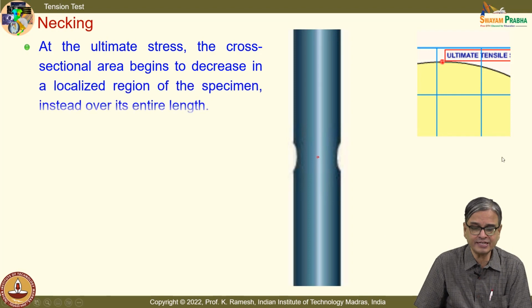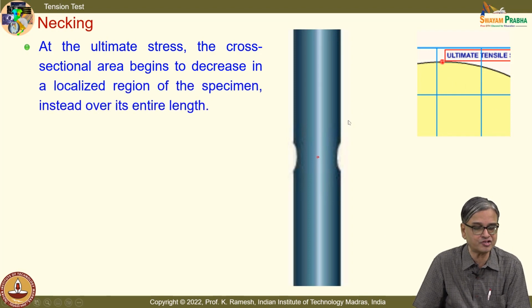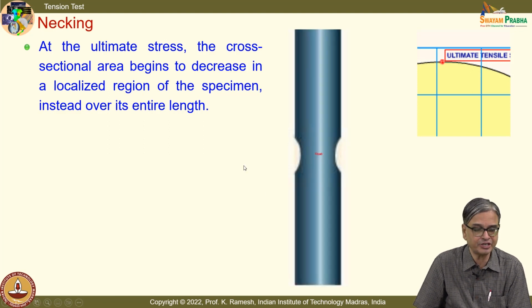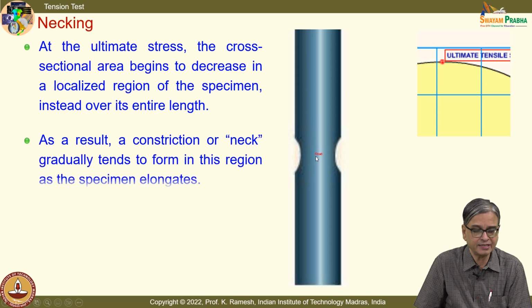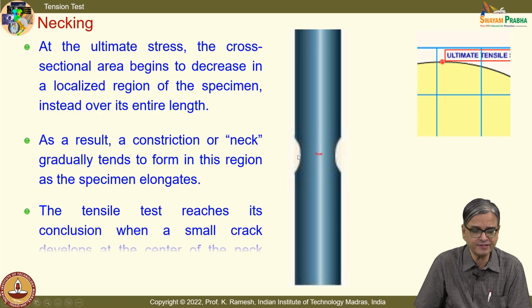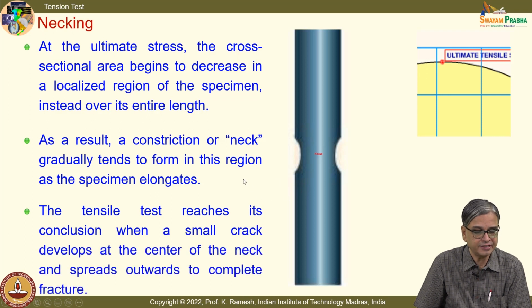And we have also seen that once it has reached the ultimate tensile strength, necking has started, and then if you look at the animation, localized yielding takes place, and ultimately the material separates, cracks develop and propagate and separate the material.